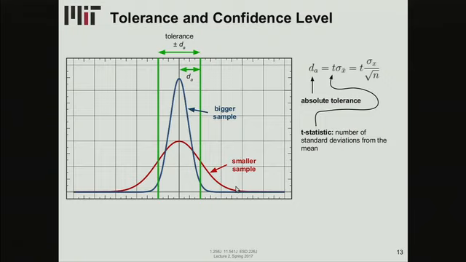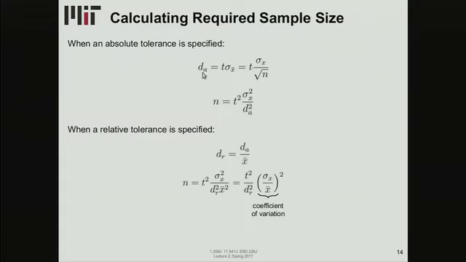All right. So again, to review, this is the same equation I had in the last slide. You have absolute tolerance. You can express that as a multiplier times the standard deviation of the mean, and then you solve for n, and you get this equation right here. T is the number of standard deviations from the mean. D is your tolerance, which you choose, and this is something that you know or collect or approximate.